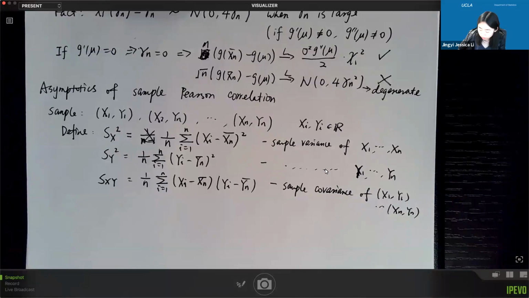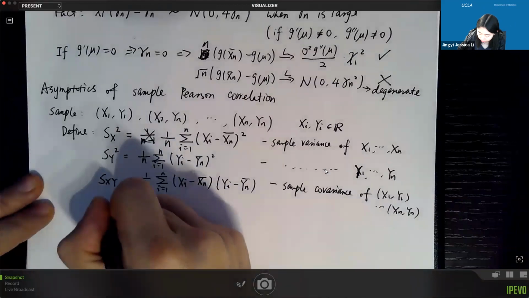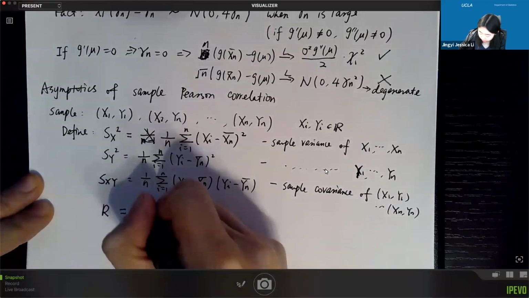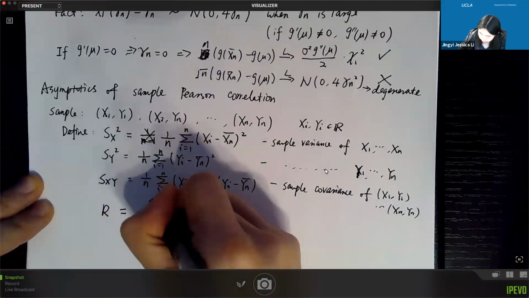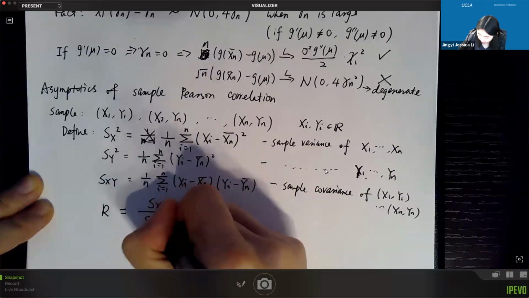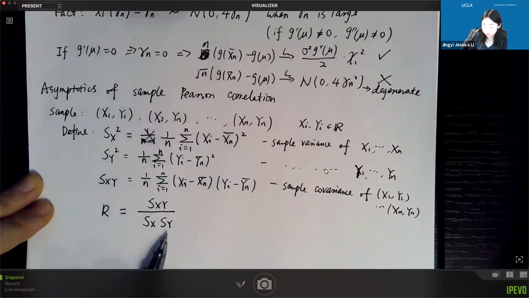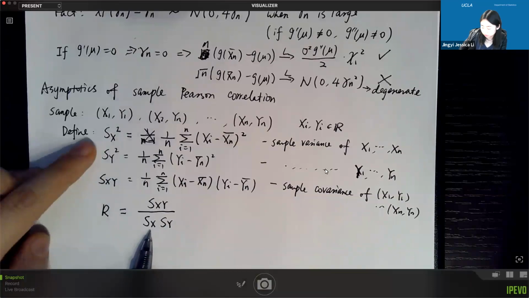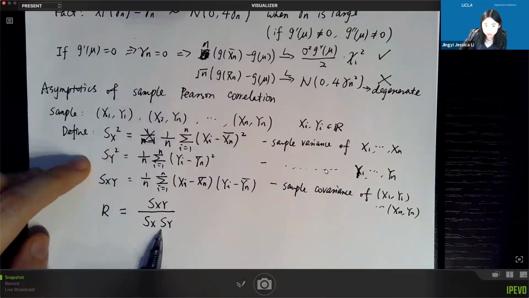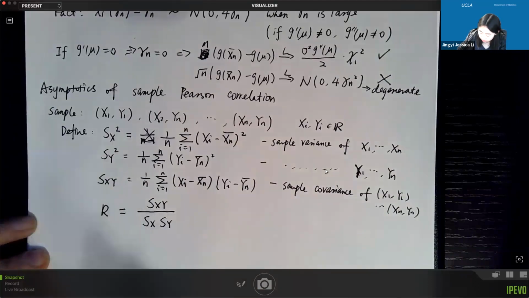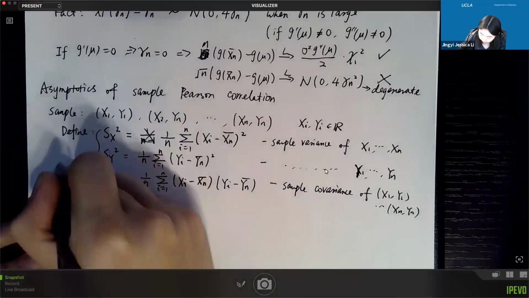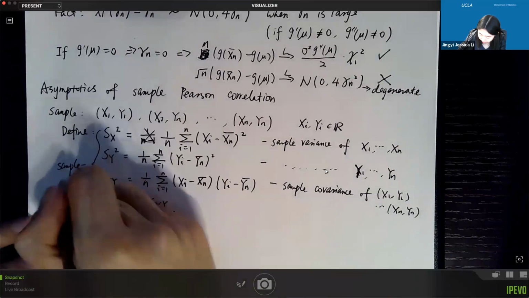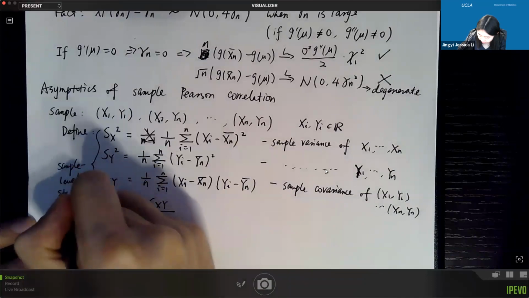Then what is the sample correlation? The sample Pearson correlation, we use the notation R. This is defined as Sxy divided by Sx times Sy. There's no more square. Basically, we take the square root of the sample variance of x, multiply it by the square root of the sample variance of y. That will be the denominator, and the numerator is the sample covariance. Okay, so these are the sample level statistics.